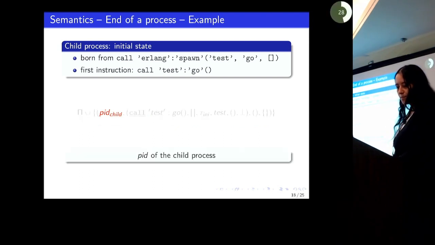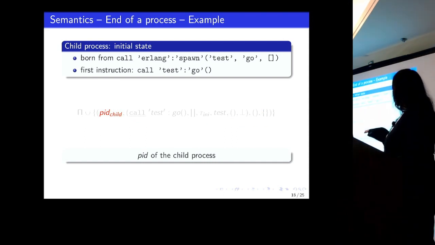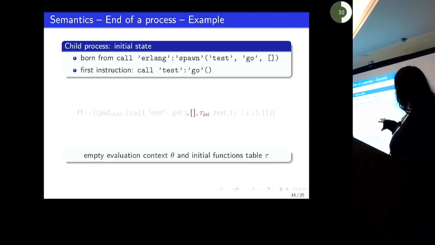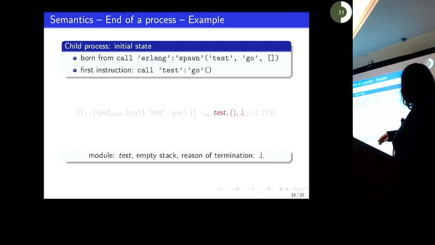You can find here the identifier of the child process, its first instruction, the evaluation context, which is empty, and we are using the normal initial function table. The current module is test.